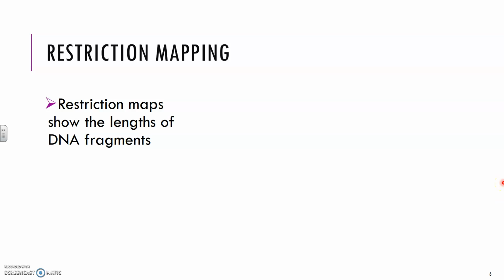This may not seem like a whole lot, being able to cut DNA like this, but when they started trying to sequence the human genome and other genomes, there was just too much DNA to actually run through the machine, and the machine would start losing accuracy the longer the piece of DNA was.